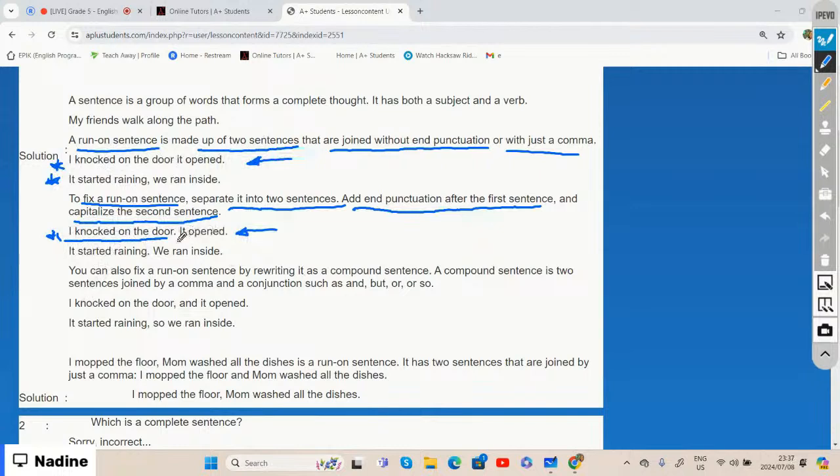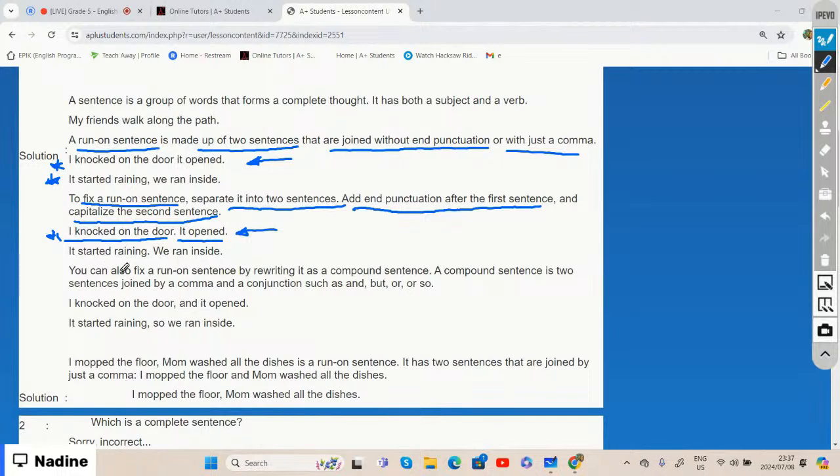And the second sentence is, it opened. We capitalized the first word and we also added our end punctuation at the end. So a run-on sentence can be separated into two sentences because within that run-on sentence, it already has two independent sentences that can stand on their own, right?